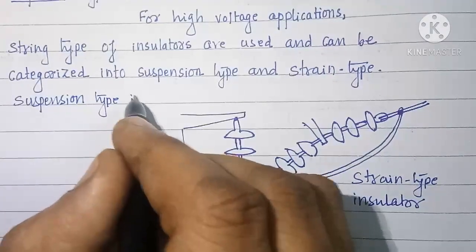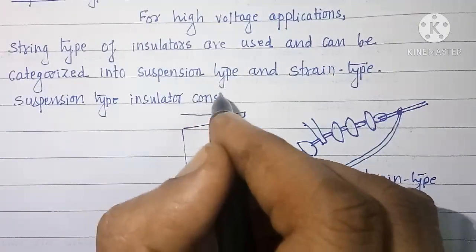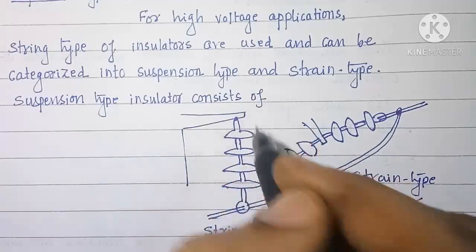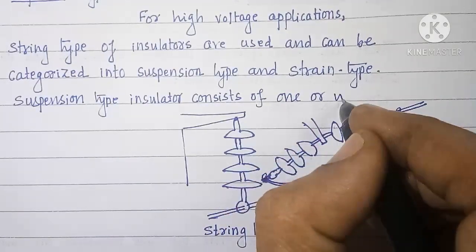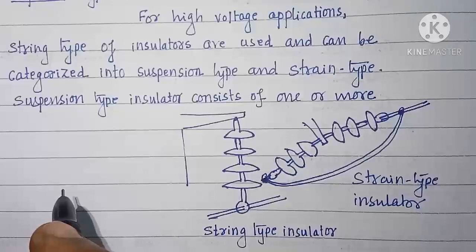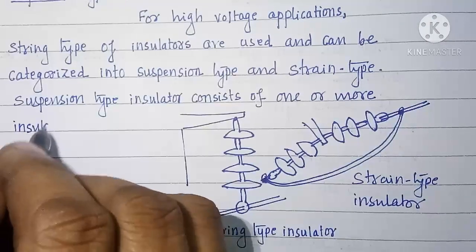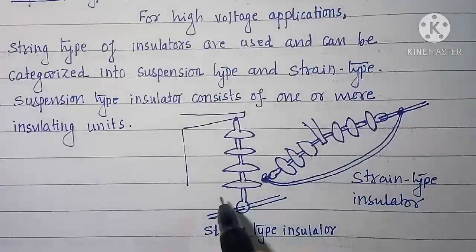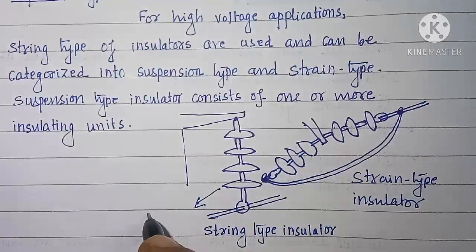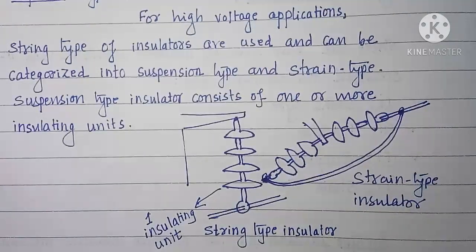Suspension type insulator consists of one or more insulating units. Here this is one insulating unit.